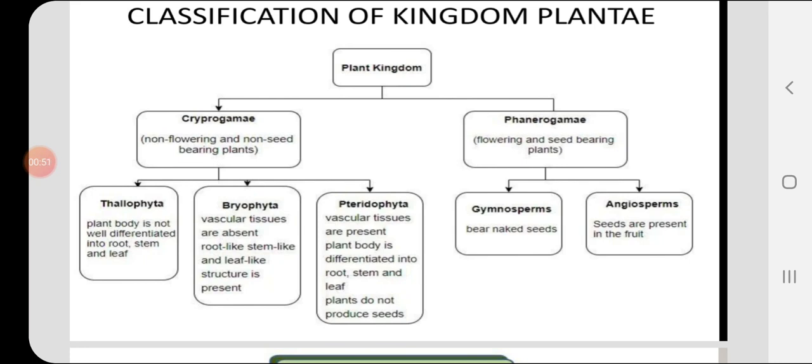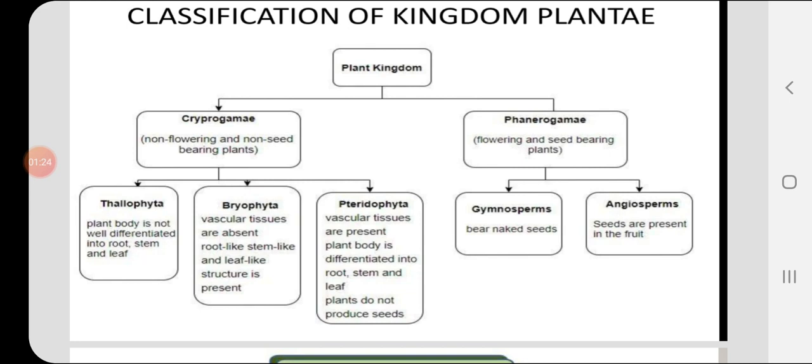In our last 2 lectures, we studied the characters and classification of the division Thallophyta, and then the characters and classification of the division Bryophyta. Today we are going to study the division Pteridophyta, its characteristics and classification.